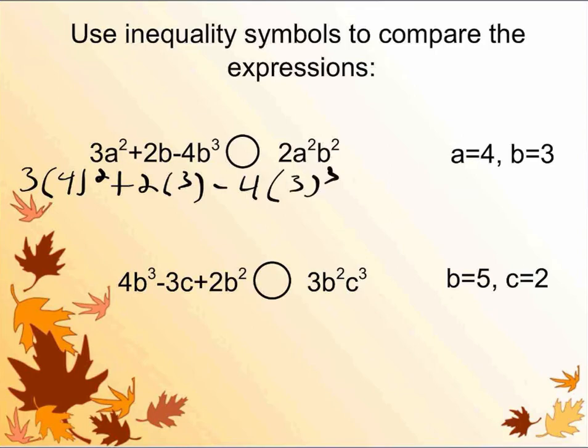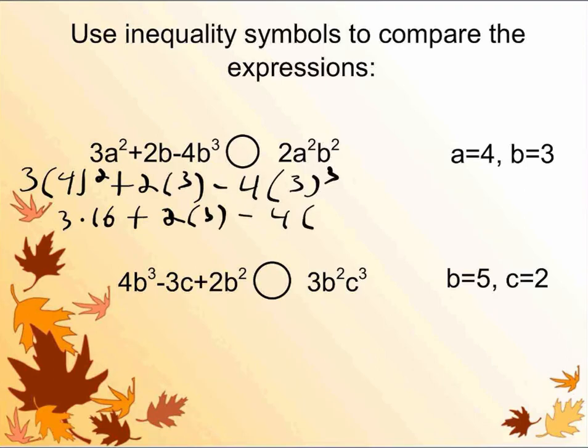Let's go ahead and do that. Again, parentheses, exponents, multiplication, division from left to right, addition, subtraction from left to right. So you have 3 times 4 squared is 16, plus 2 times 3. Actually, let's take care of our exponents first. And minus 4 times 3 cubed, which is 3 times 3 is 9, times 3 is 27.